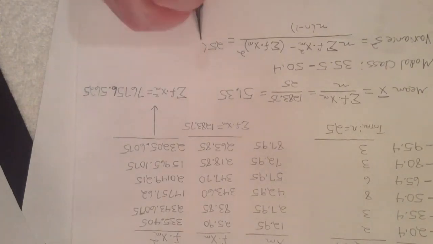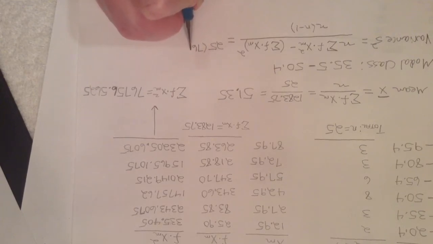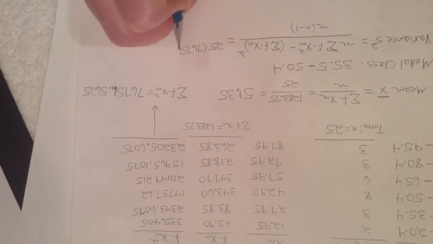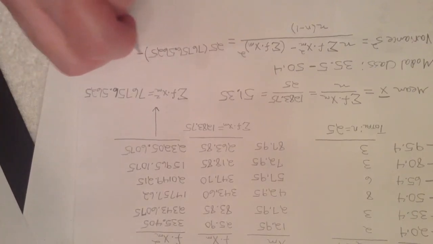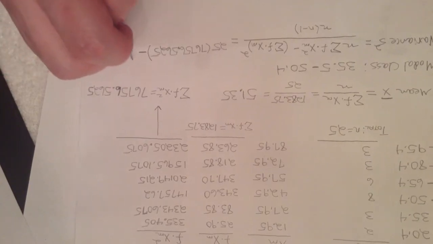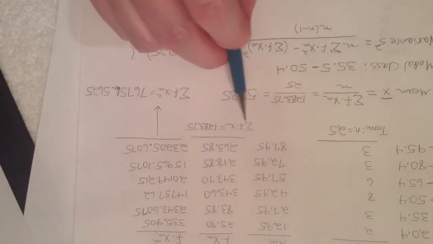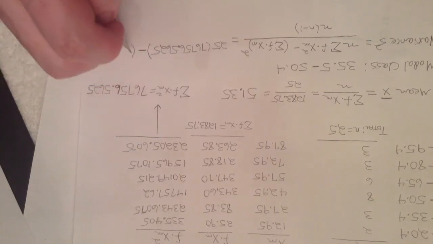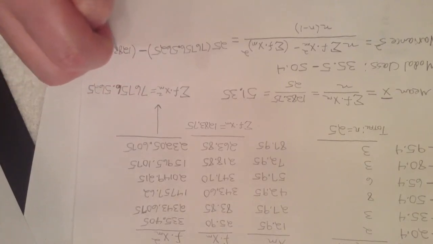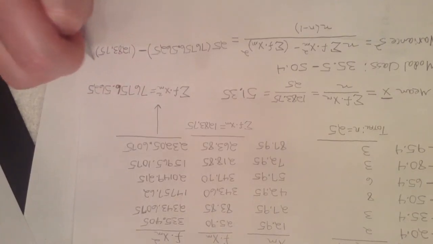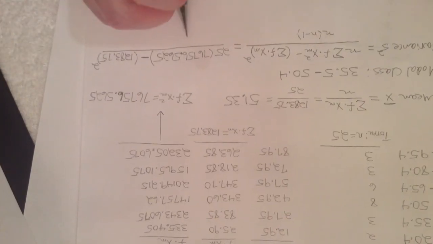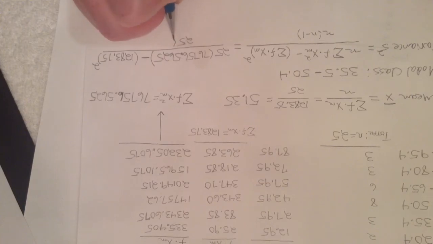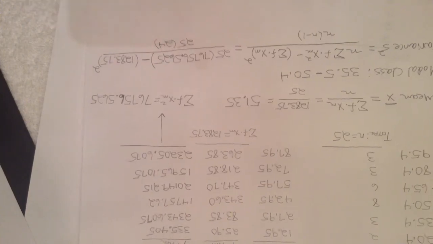So you have 25 times 76,756.5625, and you have minus the square of the sum of the products of the frequencies and the midpoints, and again all over 25 times 24.